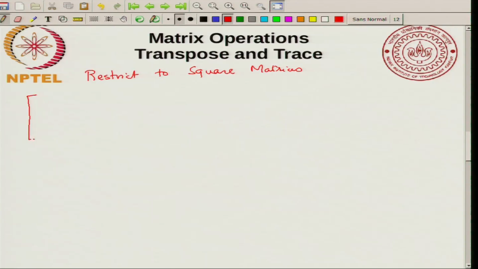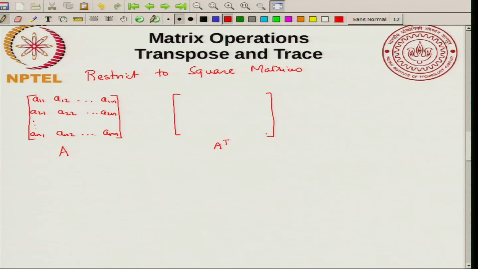So suppose you have a matrix A, which is a square matrix. If this is A11, A12 up to A1n, A21, A22 up to A2n, AN1, AN2 up to ANN, then A transpose is given by the matrix where the rows and columns are swapped.